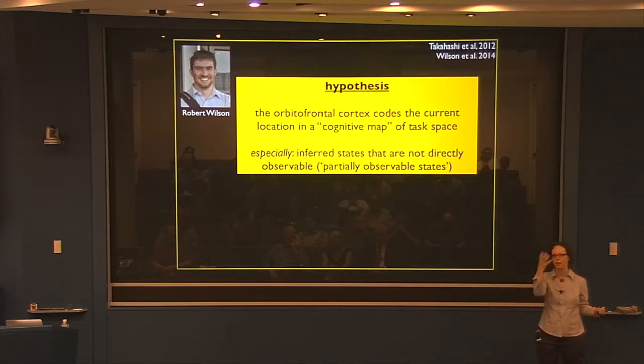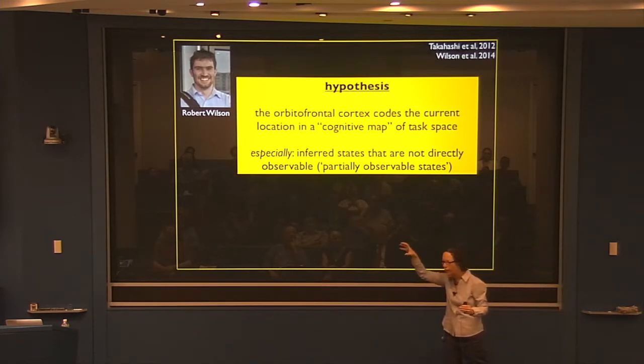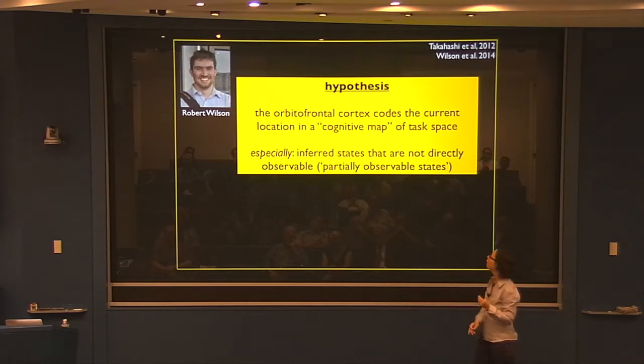And not only the cognitive map, but your current location in that map. Right now, the tone is on, and I think that latent cause X is on. That's what we thought would be coded in the orbitofrontal cortex.